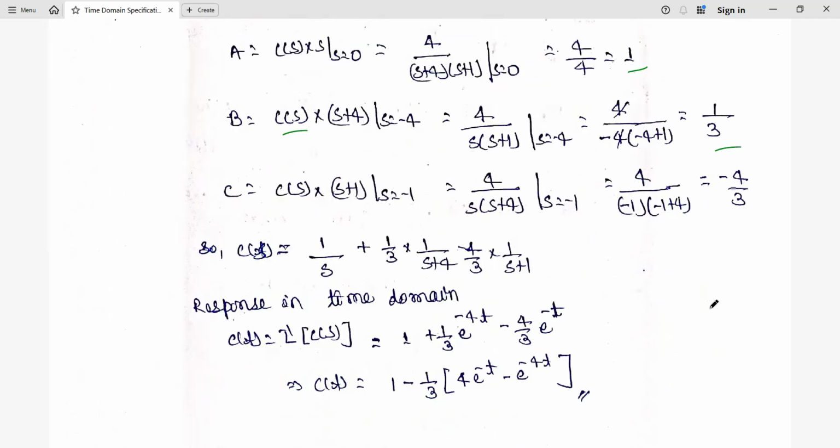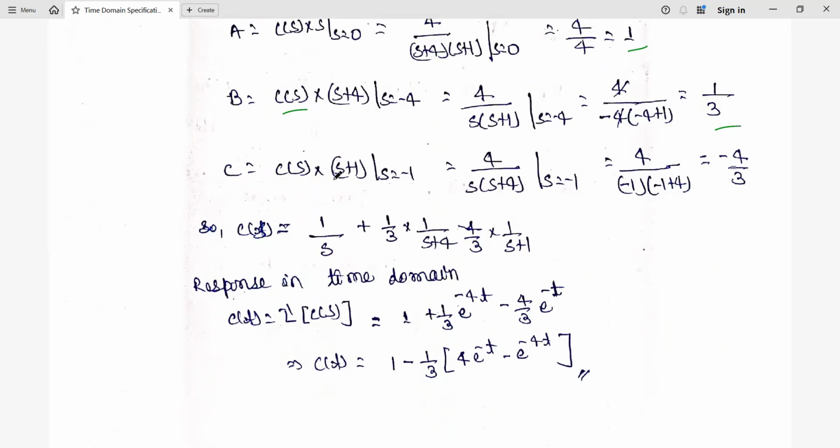Similarly, to obtain C, the denominator of C is multiplied with C(s), and we substitute s equal to minus 1. Whatever denominator value is there, you should equate it to 0, and finally we get the value of s that we need to substitute. On that basis, we have C equal to minus 4 upon 3.